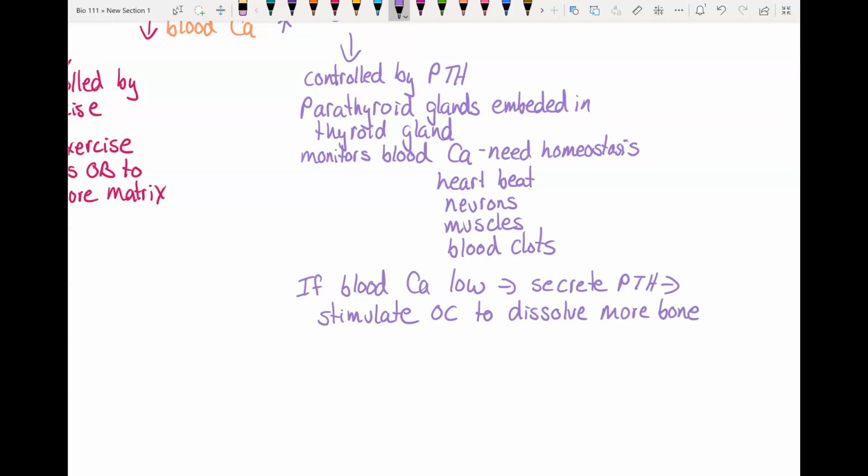And then by dissolving more bone, they put that calcium in your blood, and that way it's going to weaken your bones, but your body has to decide priorities, which is more important, keeping your heart beating or having strong bones. So if it means sacrificing your bones in order to keep your heart going, that's what your body's going to do. That's what your parathyroid gland will do for you, to keep you alive.